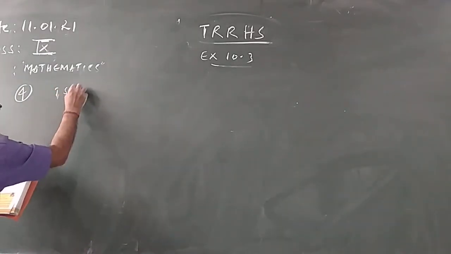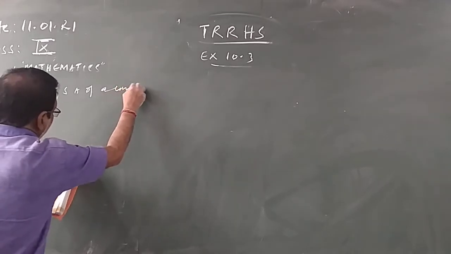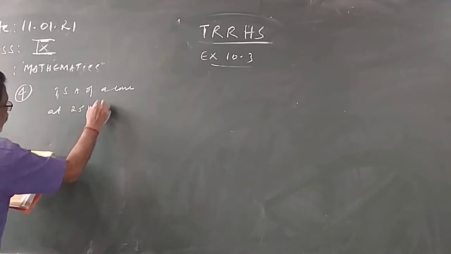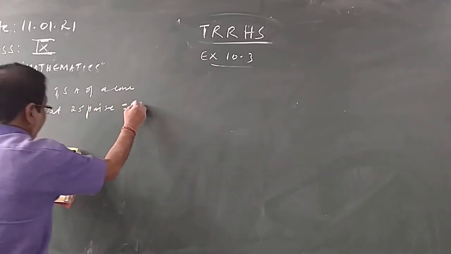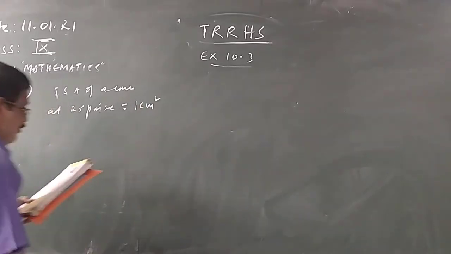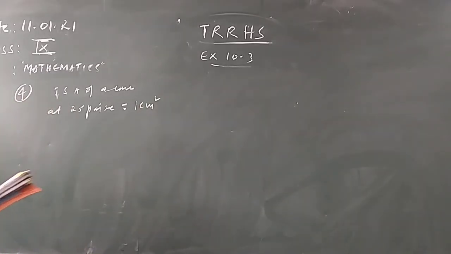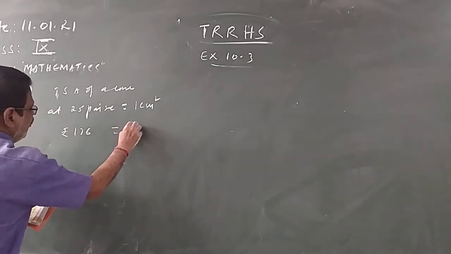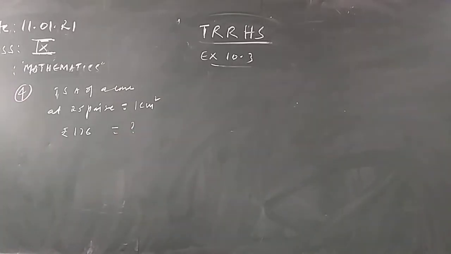The TSA of a cone at 25 paisa is equal to 1 square centimeter. For 176 rupees, it equals how many square centimeters? It will be more area.